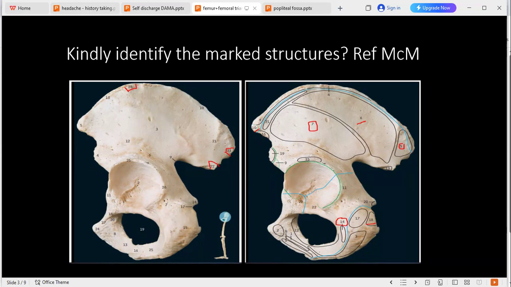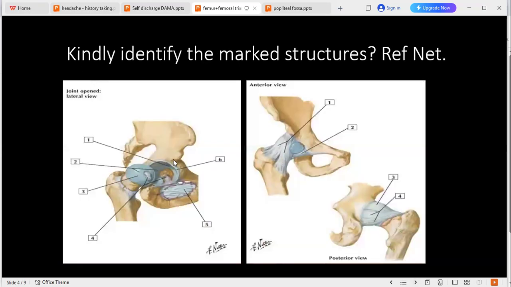Now moving on, please identify in the left hand picture structures from 1 to 6. What is 1, please? Acetabular labrum. 2. It is the head of the femur. What is this blue thing?